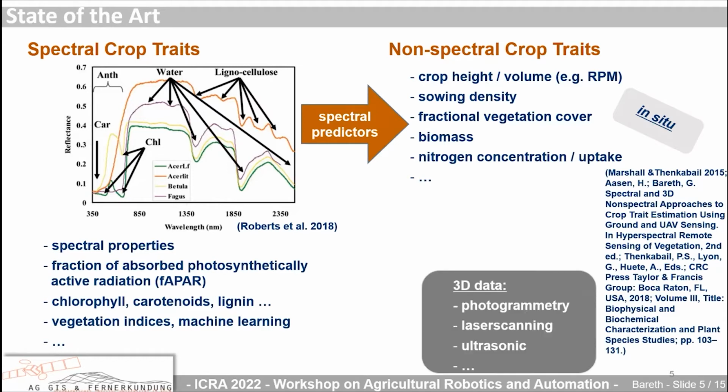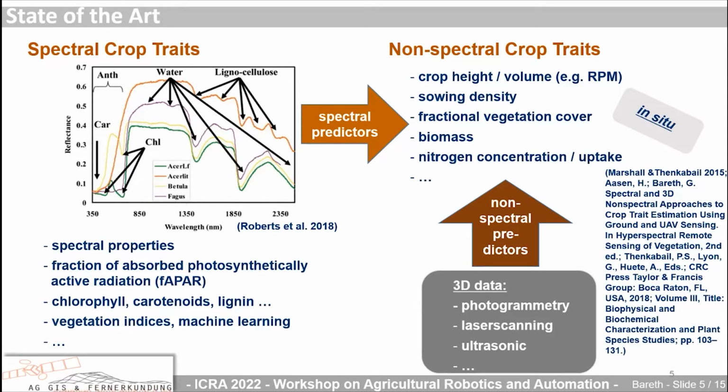for 10 years, we find more and more papers and work that use what I call 3D data from photogrammetry, laser scanning, or ultrasonic sensors. Those are the non-spectral predictors, which are or could also be used, and it's especially well described for crop height or crop volume, sowing density, and fractional vegetation cover.